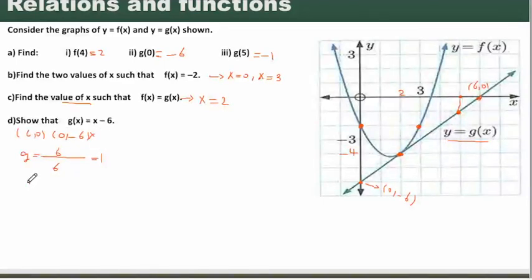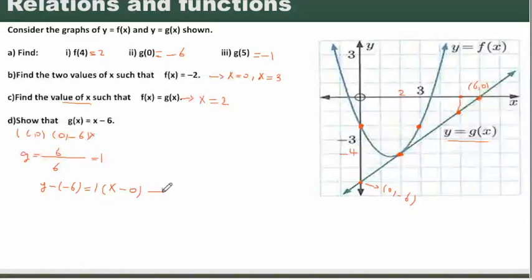The equation says y minus -6, I get this point. y minus -6 equals 1, the gradient, times x minus 0. So y plus 6 equals x.